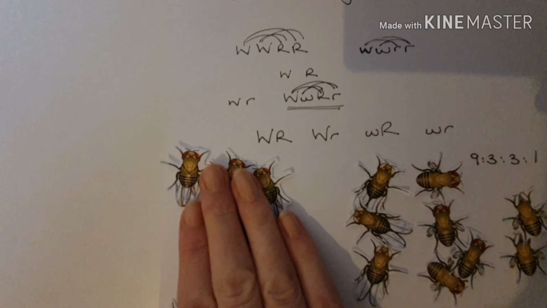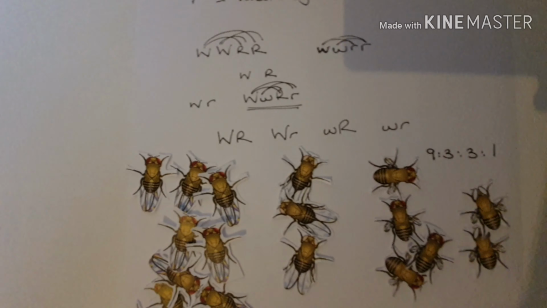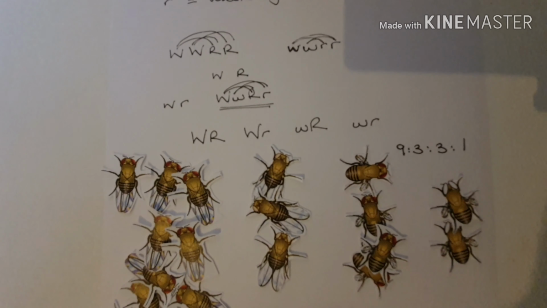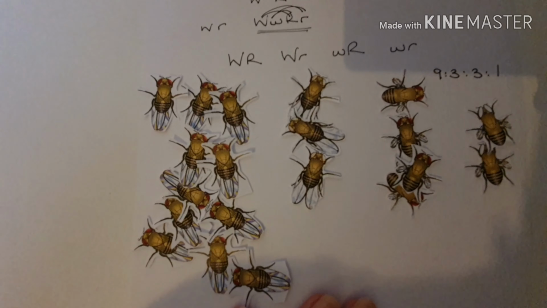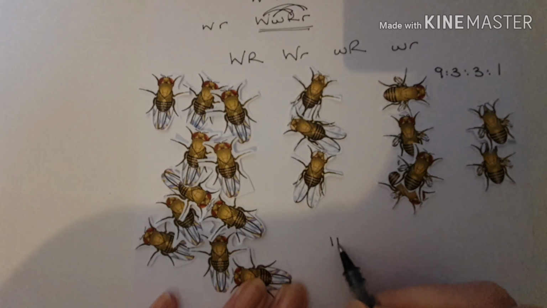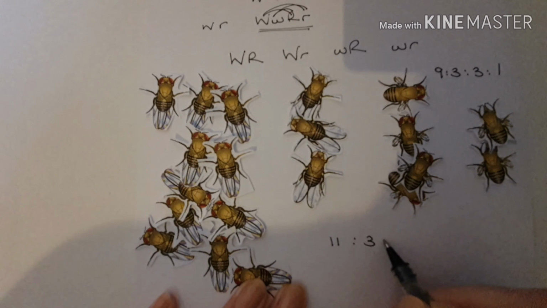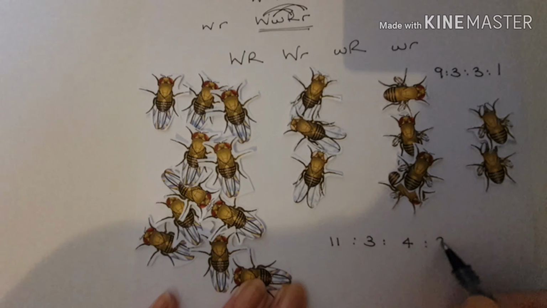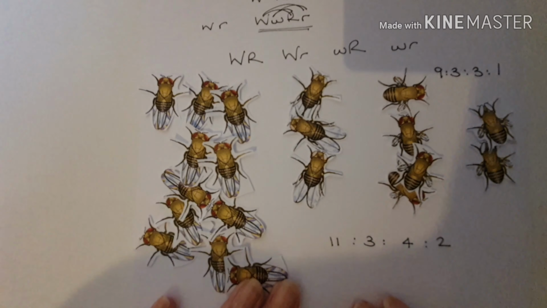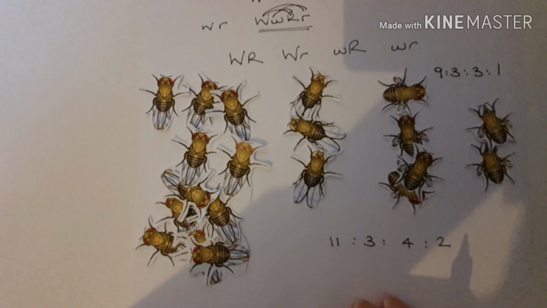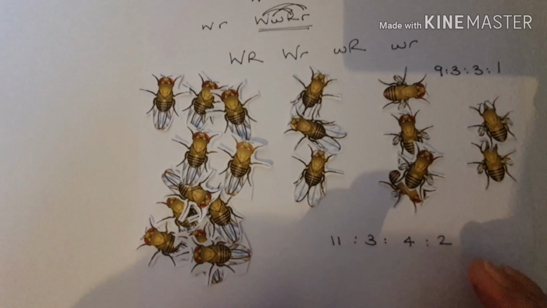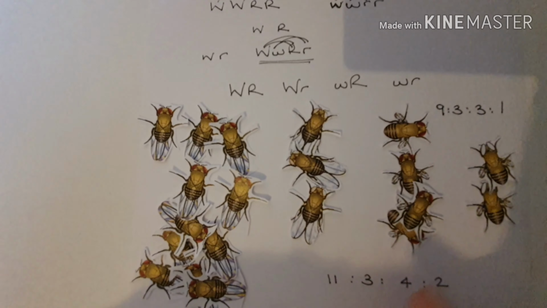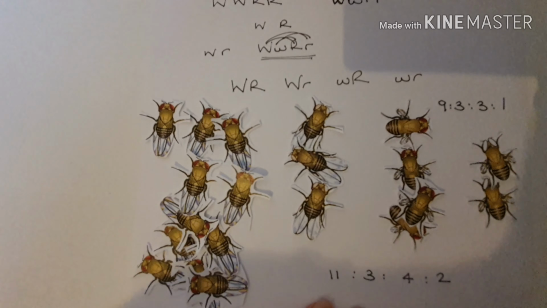Okay, so I've got 11, 3, 4 and 2. I'm just going to write that below so you can see. So I've got 11, 3, 4, 2. It doesn't matter which way round these are really, because it's a 3:3 ratio normally for the 9:3:3:1. So it doesn't wholly matter which way round they are.